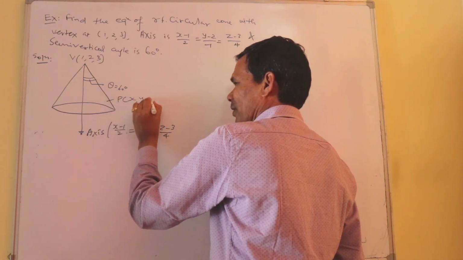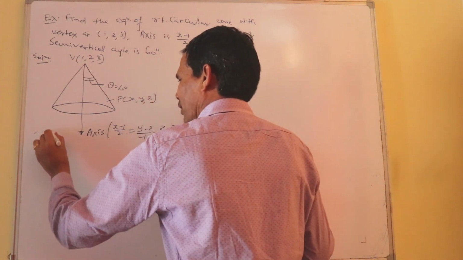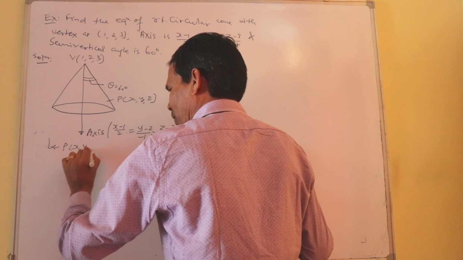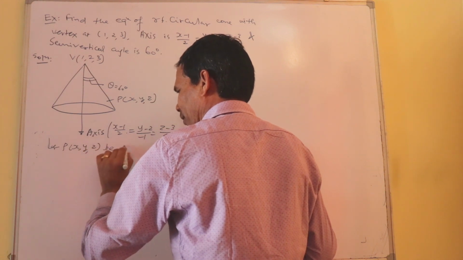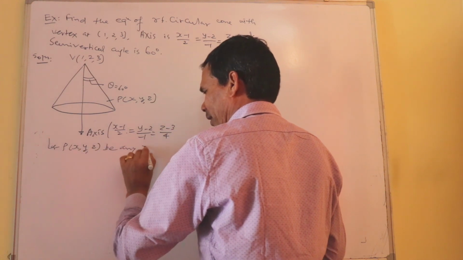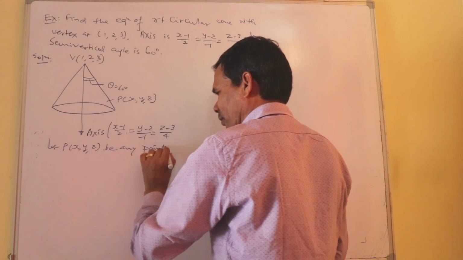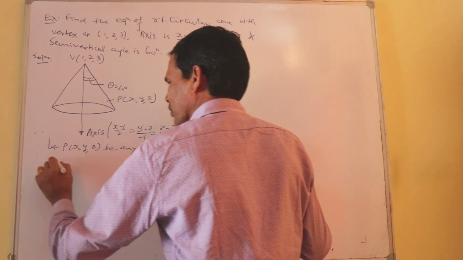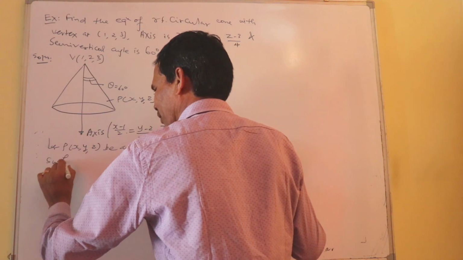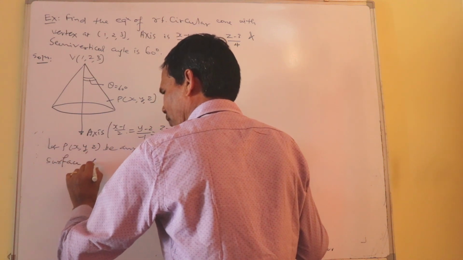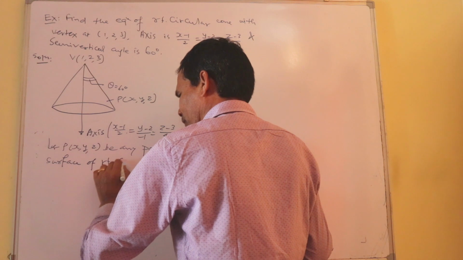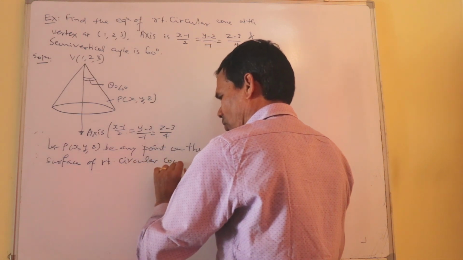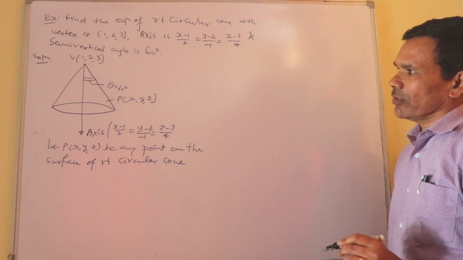Let P(x, y, z) be any point on the surface, or the generator surface, of the right circular cone.